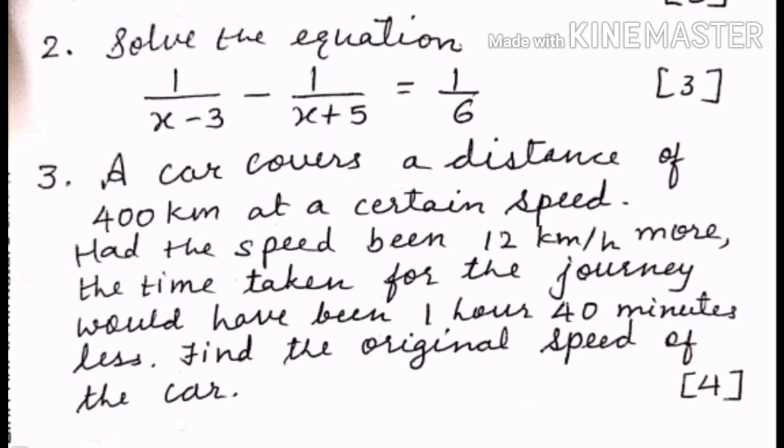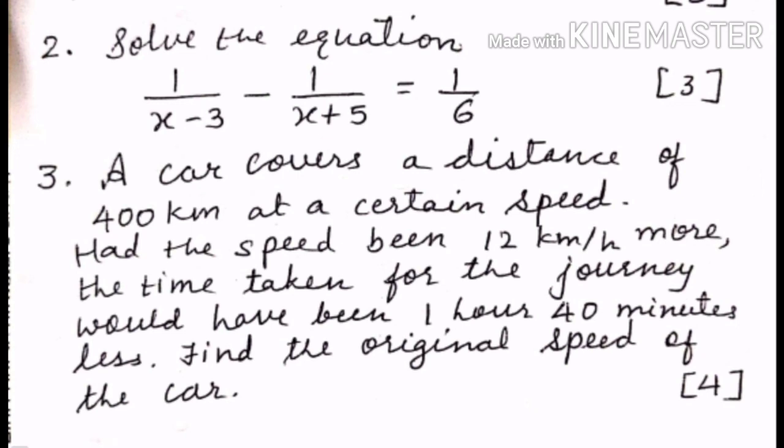So here we will take, let the original speed of the car be x, and then the distance is given, 400 km. So you will get the equation accordingly. When the speed is 12 km per hour more, the time becomes lesser. How much lesser? 1 hour and 40 minutes.